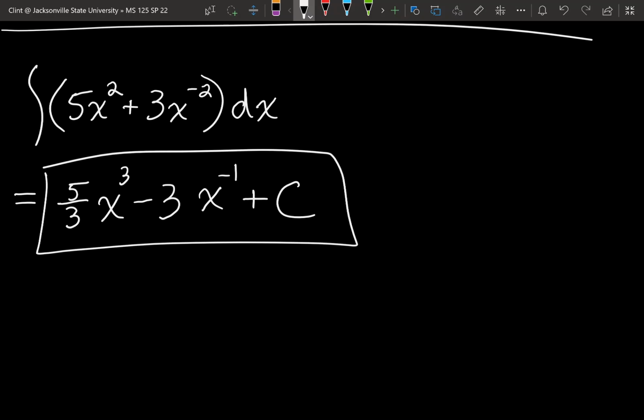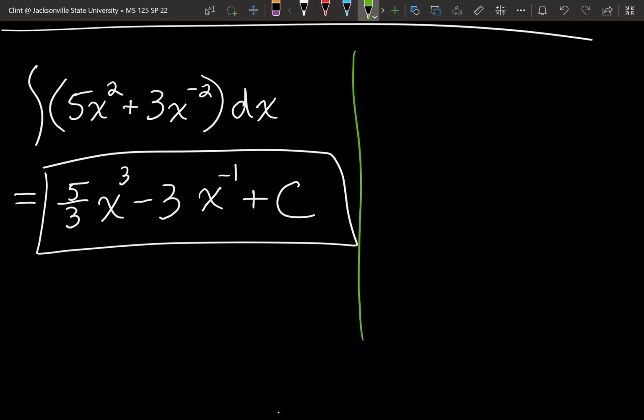Yes, and hold that question. That's a very good question. Okay, so one thing I think WebSign does want you to be sure and use a capital C. It's not liking a lowercase. It is okay with a negative exponent. So negative x, that right there.